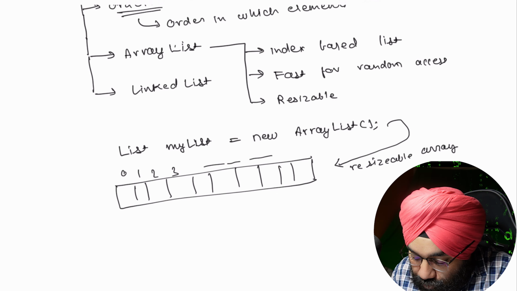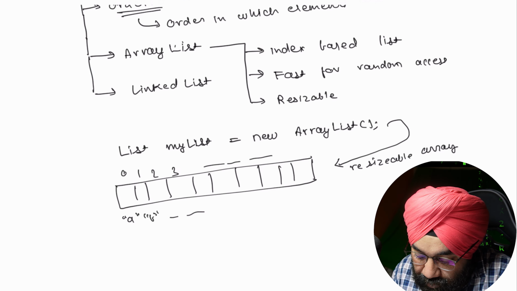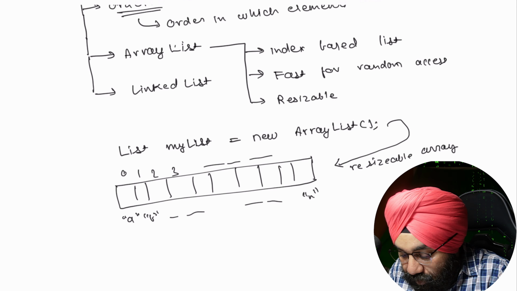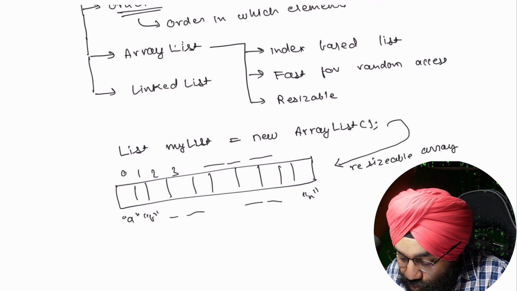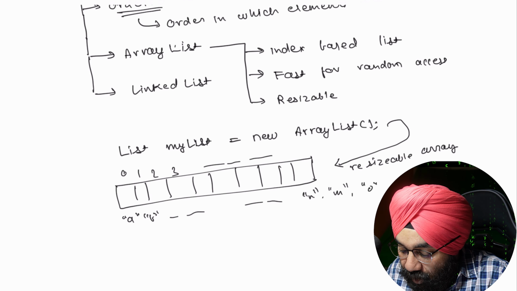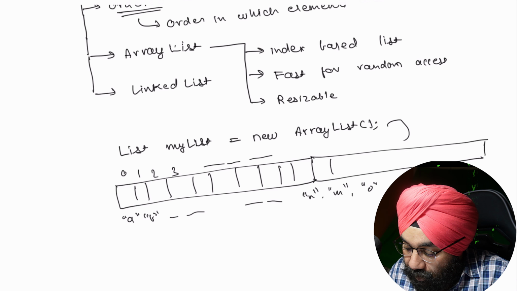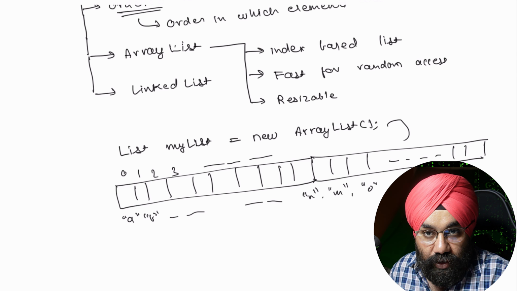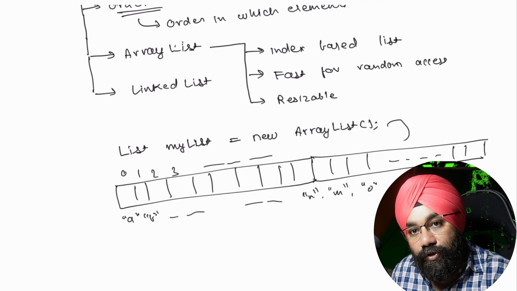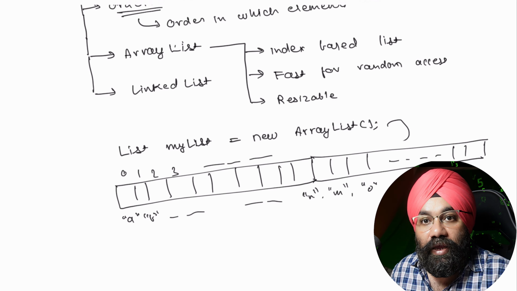Suppose you add a character here, then you add b, you continue to add, and on character n, it has reached the end of this list. As soon as you add your next character, m, it will resize the internal array to accommodate additional elements, and as you continue to add elements, it will continue to resize the internal array, so you will be able to add as many elements as you want.